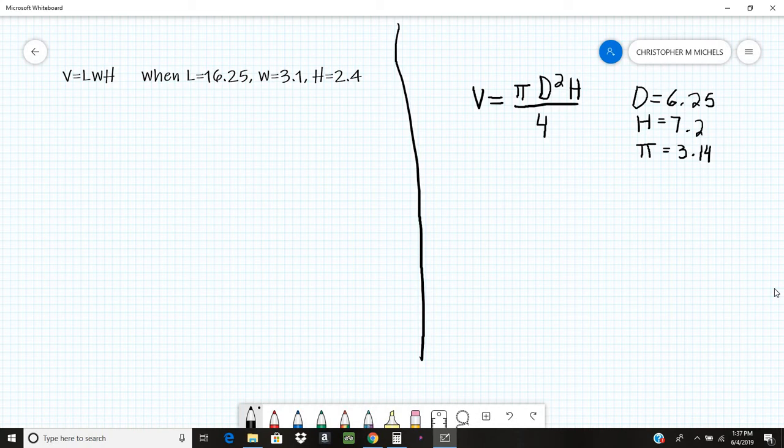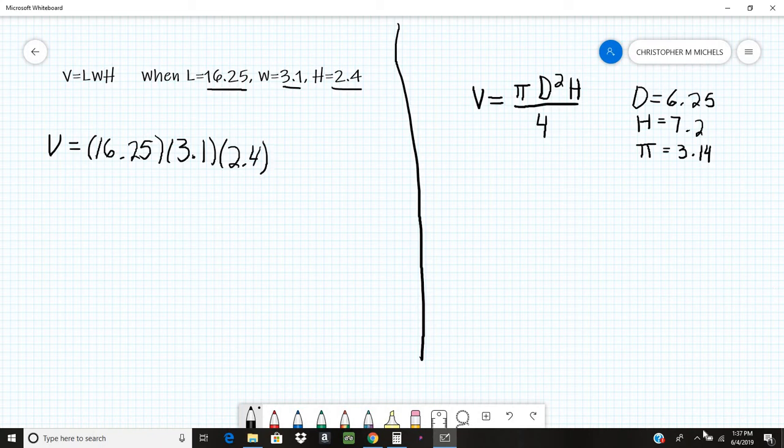So when I look at this one, they gave me the values. We have L, W, and H. So all we do is just plug and chug. You have V equals 16.25 times 3.1 times 2.4.